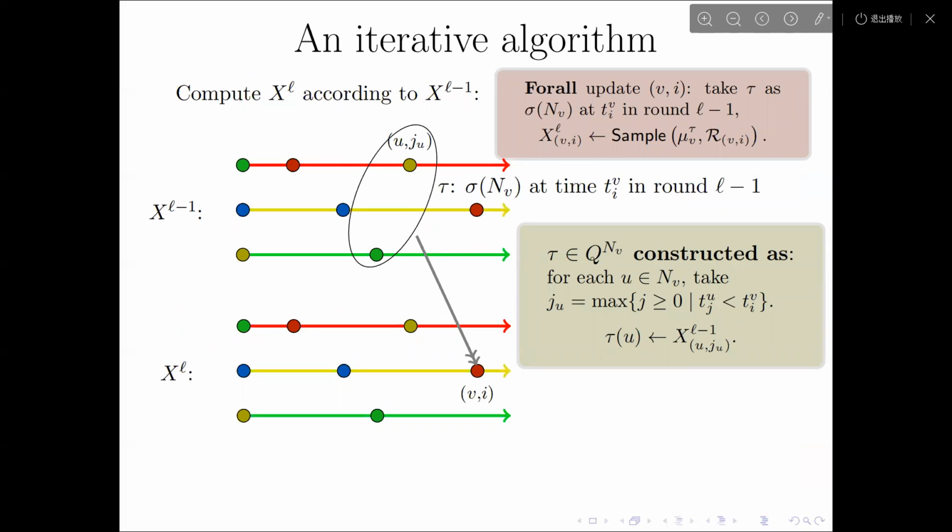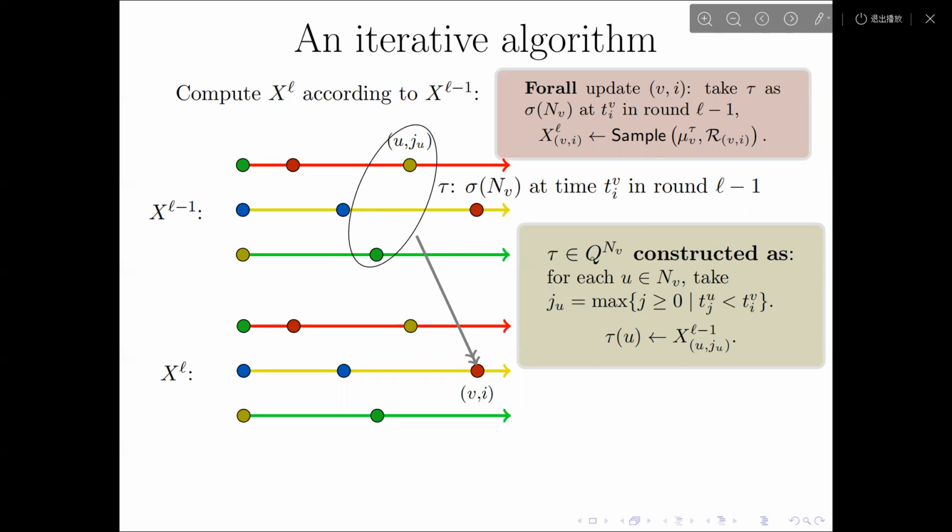In the main algorithm, all the results in round L are computed according to the results in round L minus 1. For resolving update V_i in round L, the main algorithm says to take tau as the neighbors' configuration at time T_{V_i} in round L minus 1. Formally, tau is constructed as follows.